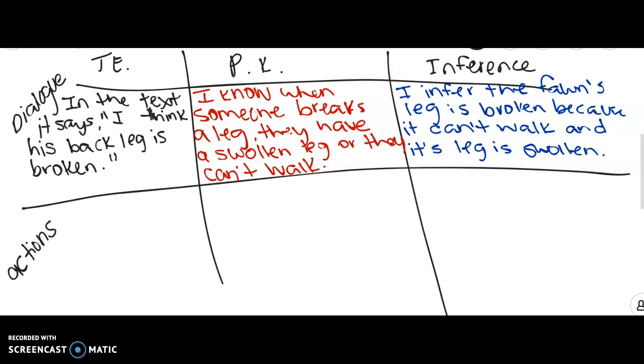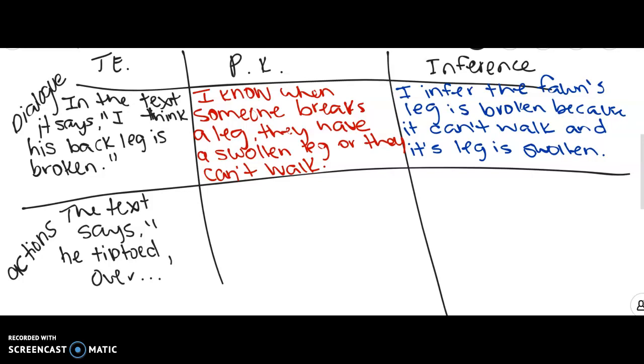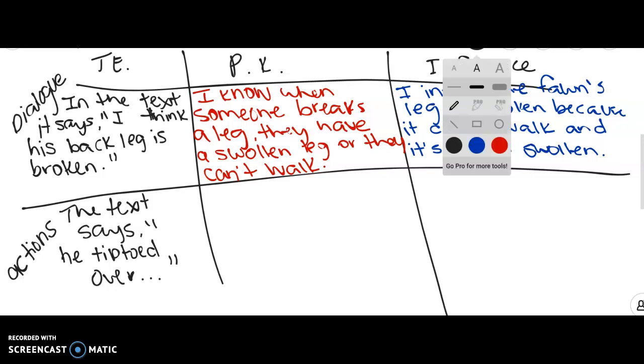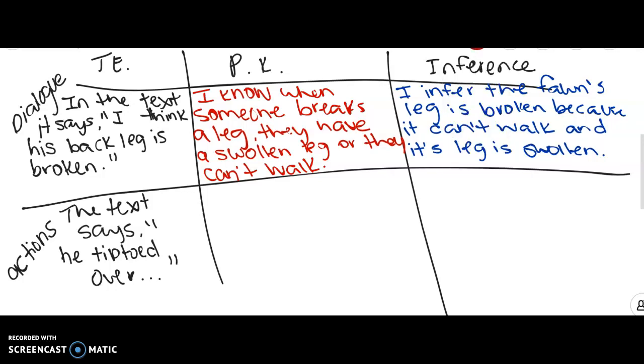So in my text evidence, I'm going to say, the text says, he tiptoed over. And I'm going to put dot, dot, dot, because I'm not going to write the whole sentence.